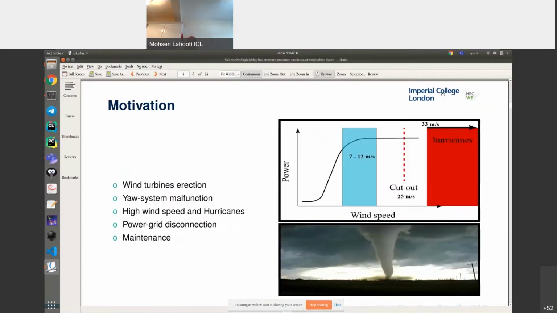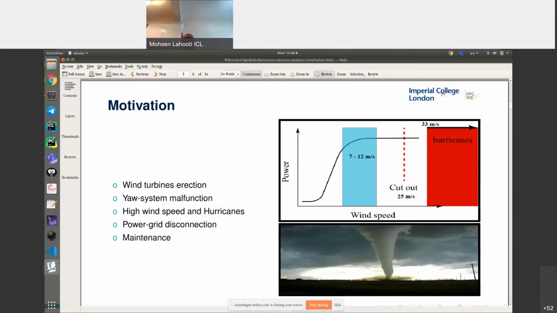This is a typical power curve of a wind turbine, which usually operates between wind speeds of 7 to 12 meters per second. However, there are many conditions in which we shut down the turbine and stop it from working.